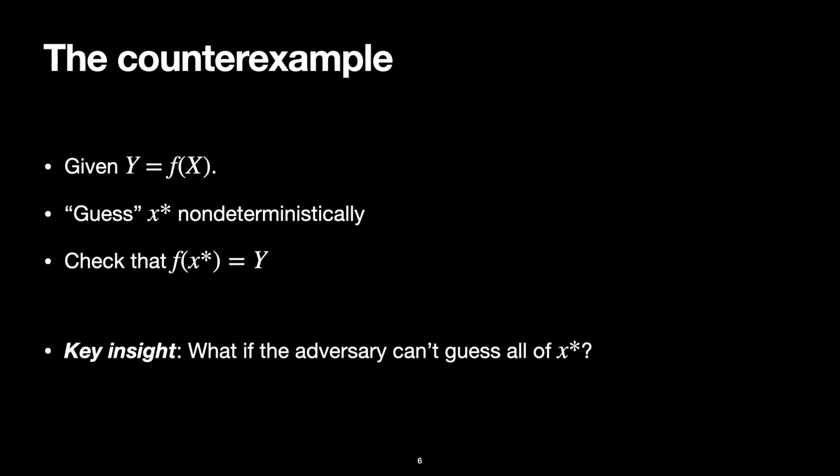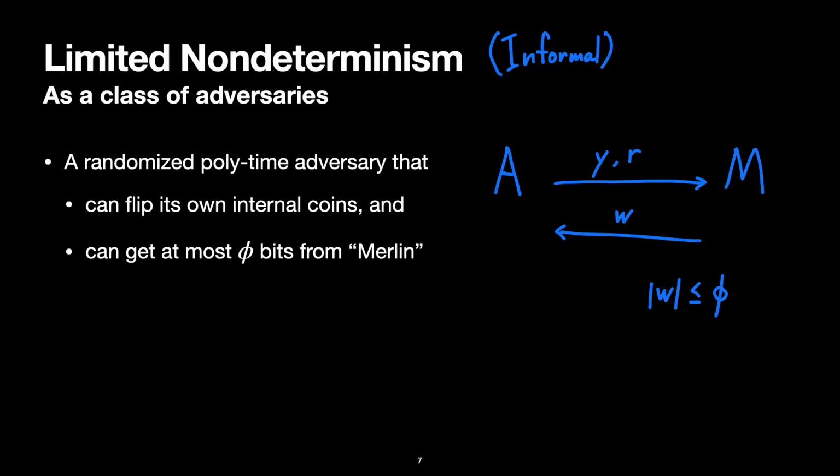So let's now define what we actually mean by limited nondeterminism. By limited nondeterministic adversaries, or limited nondeterminism, what I really mean, and what I will define and use for the rest of the talk, is a class of adversaries. You can think of Arthur-Merlin proofs as kind of the underlying framework.